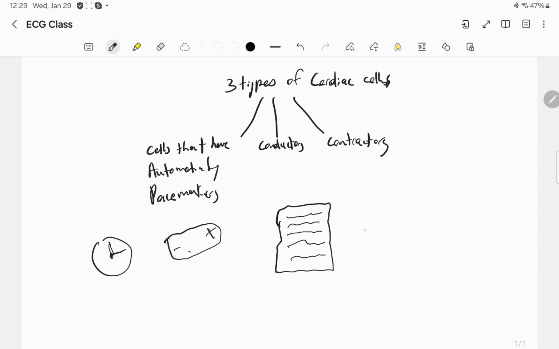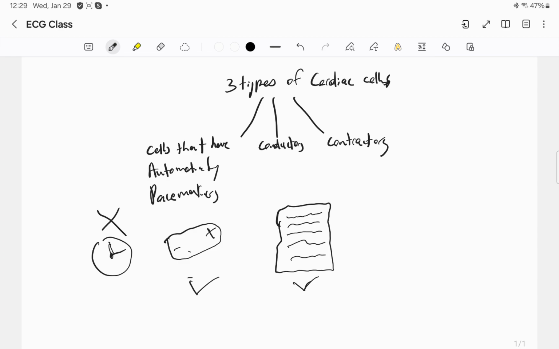So for example, if your pacemaker fails, a cell in one of these lineages can actually become the pacemaker, right? It's just that these cells tend to pace more slowly than the intrinsic pacemaker cells, right?